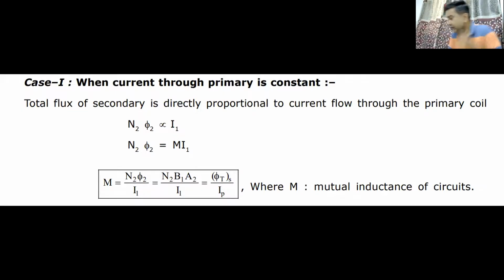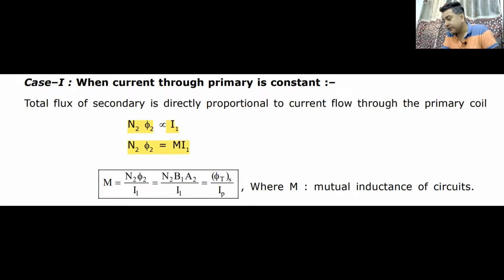Okay, then let us move on ahead and see how we calculate this mutual inductance. Current is going to flow in the primary and flux will be linked in the secondary. The total flux in the secondary will be N2 into phi2, and N2 into phi2 will be equal to M into I1, M standing for mutual inductance.